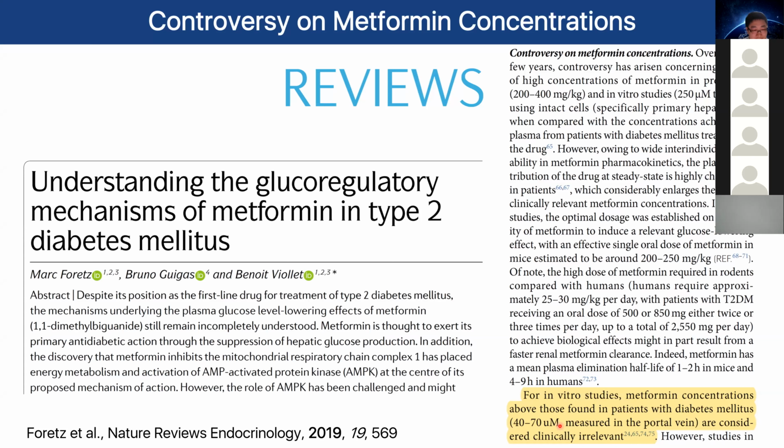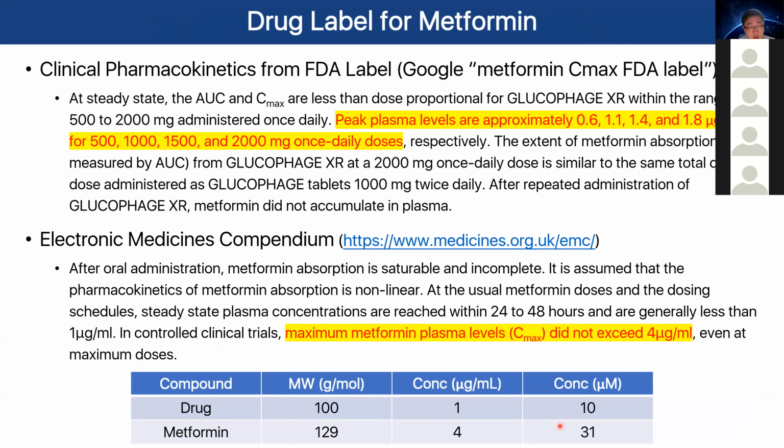But you can see a lot of papers use physiologically irrelevant concentrations, not just for metformin, but for many other compounds. I think that's definitely a big problem if you do that in a grant application.